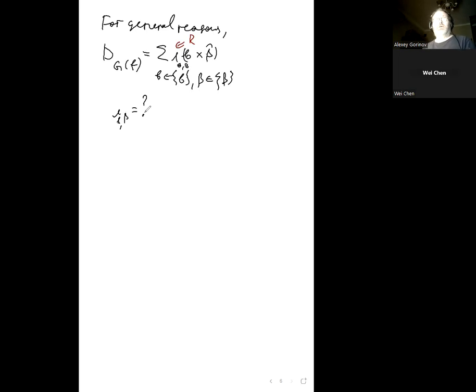Well, the answer will be lambda b beta will be some sign which depends only on the degrees of the elements involved and on the dimension of the manifold.